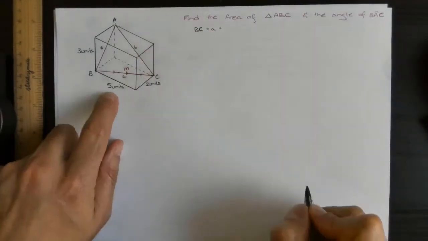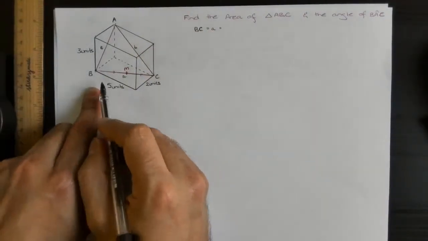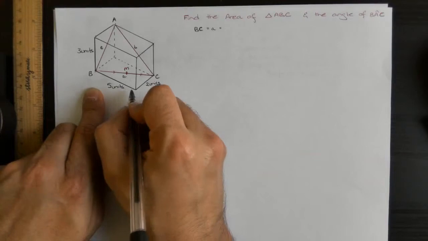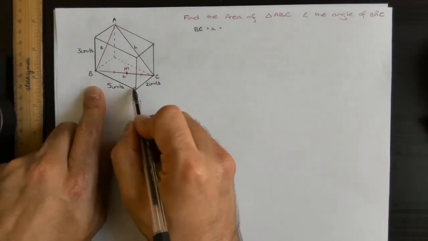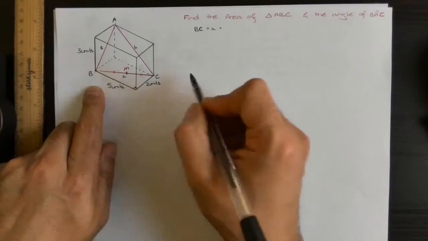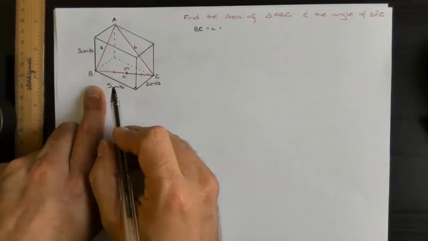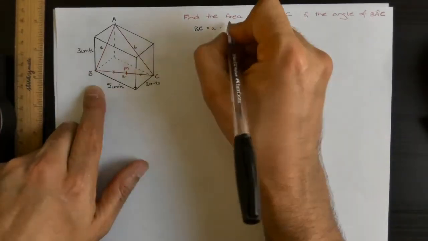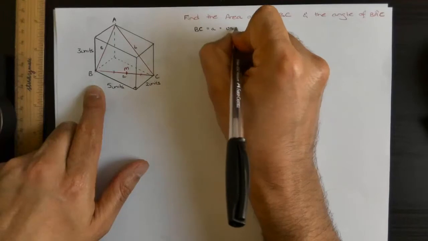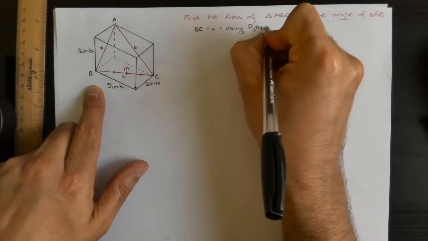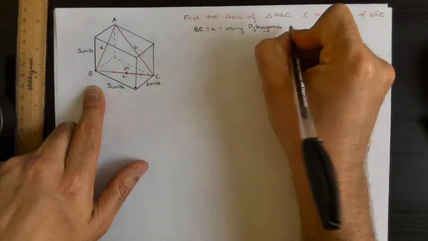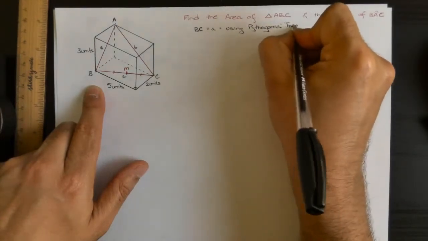This is the base of the triangle. On the base, we know rectangular prisms are pretty much all 90 degrees in each corner, so I'm going to use Pythagoras' theorem here.